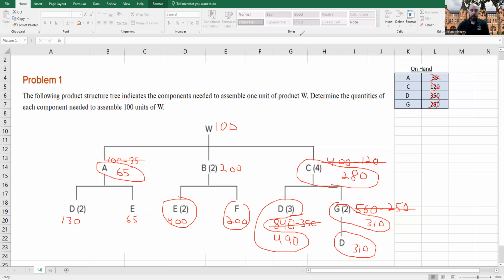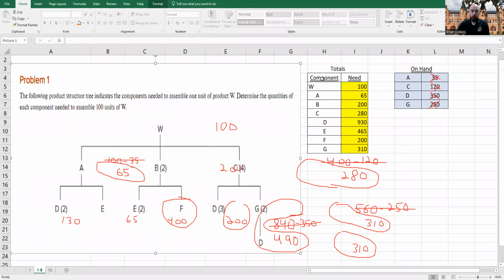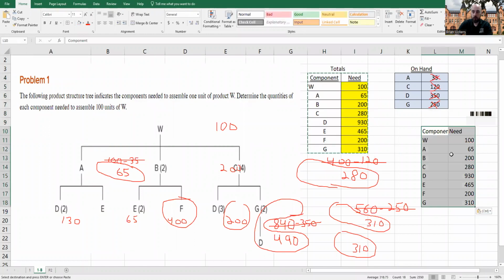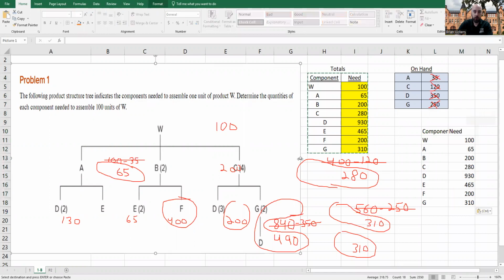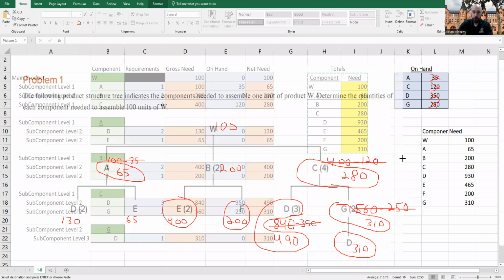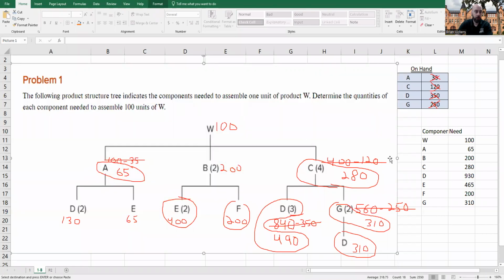So then it's about counting it up like we did before. I need 100 of product W, and I can slide this over just a little bit. Let's copy the values of these figures right over here, so we can see that they should match up. All right, those all match up.